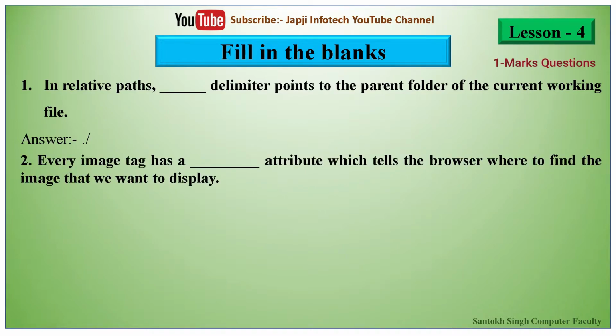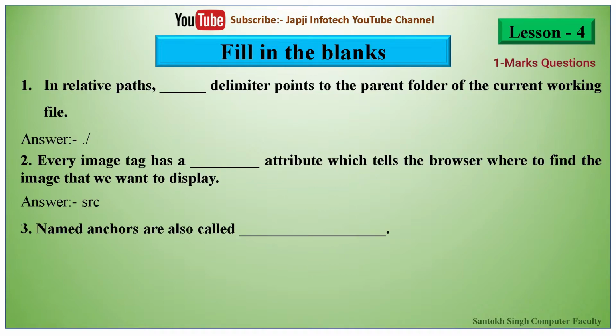And the second one is every image tag has a dash attribute which tells the browser where to find the image that we want to display. And the right answer is every image tag has a src attribute which tells the browser where to find the image that we want to display.